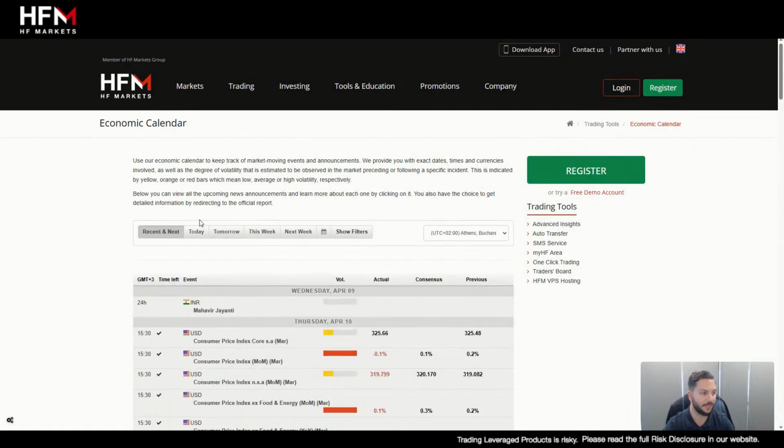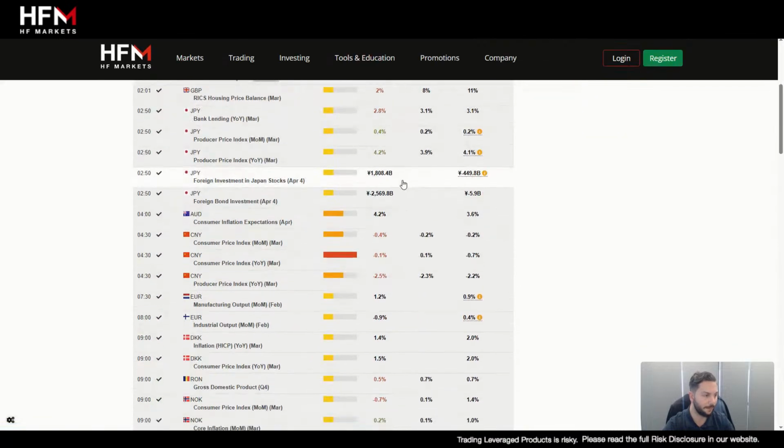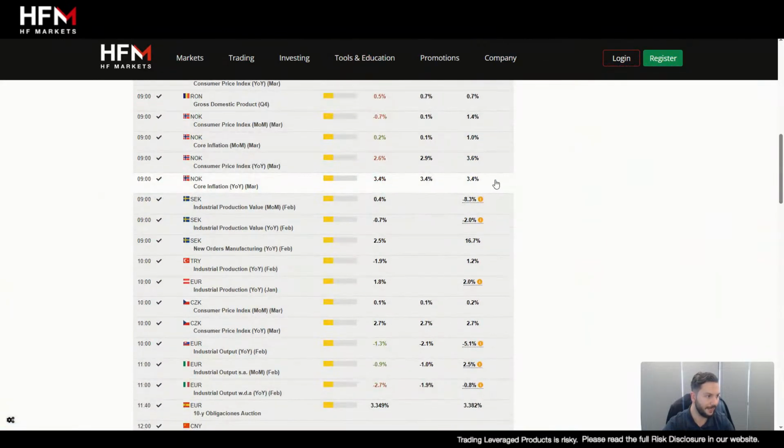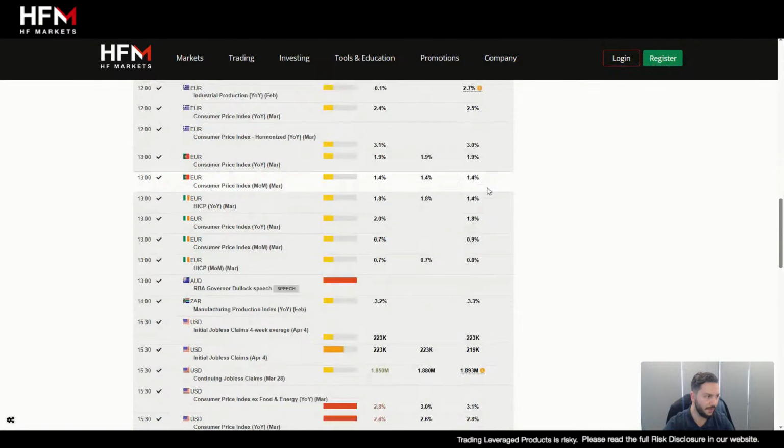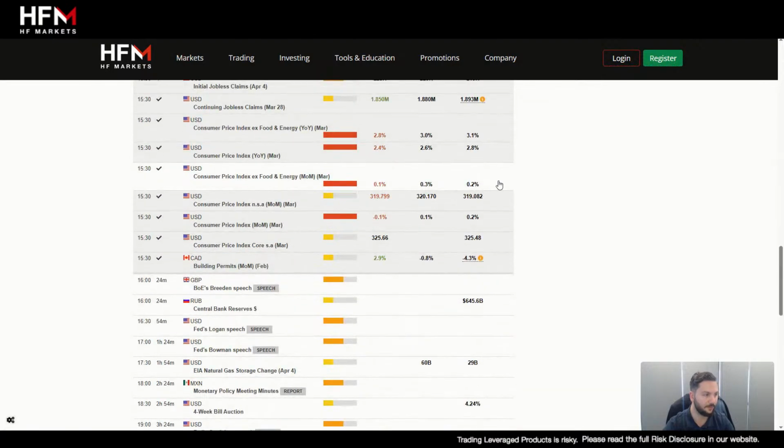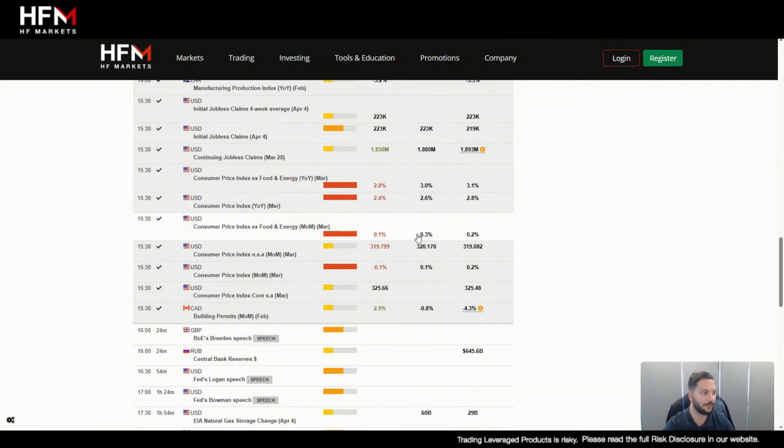If you go to the economic calendar, you go to today, and we go to today's announcement for the US. Let's keep going down. There we go. Here's today's announcement for the US. You can see CPI, core CPI came in at 0.1%, lower than 0.3% as expected. Here it says that 2.6% was expected.